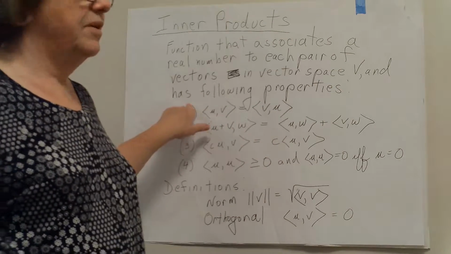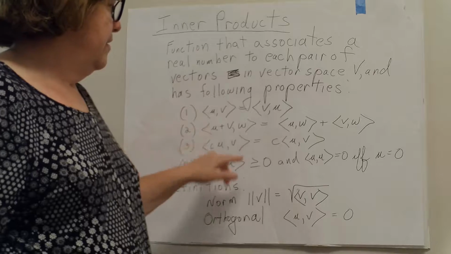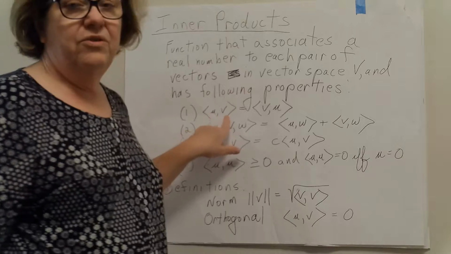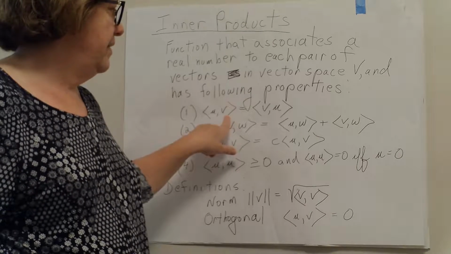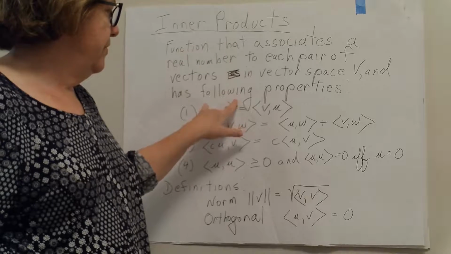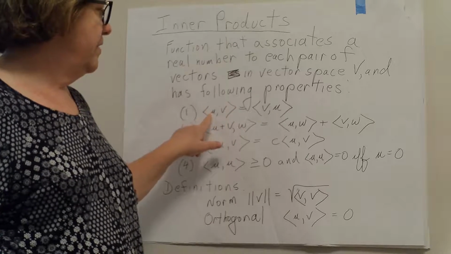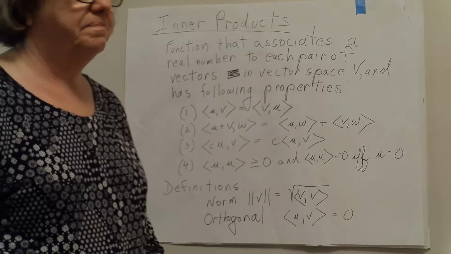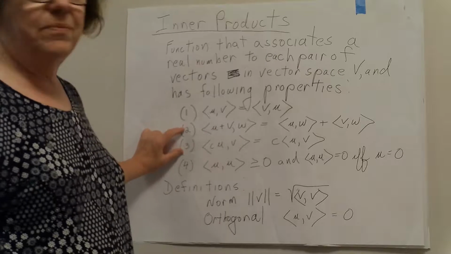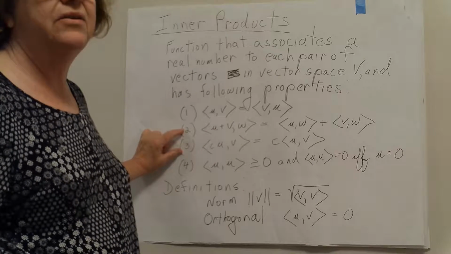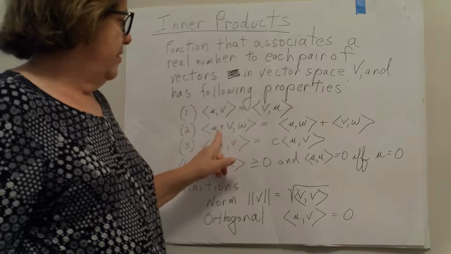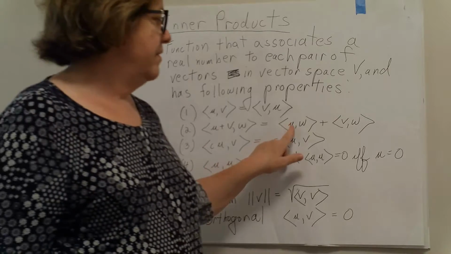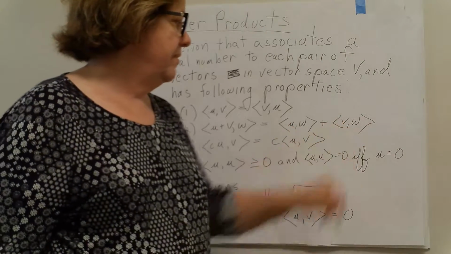But we want the inner product to have certain properties. The first property is usually called the symmetric property. When u, v are vectors in a vector space V, this symbol is typical for the inner product. The inner product of u and v is the same as the inner product of v and u. That's the symmetric property. We also want these two properties, which are typically together called the bilinear property. If we take the inner product of u plus v with w, that's the same as the inner product of u with w plus v with w.